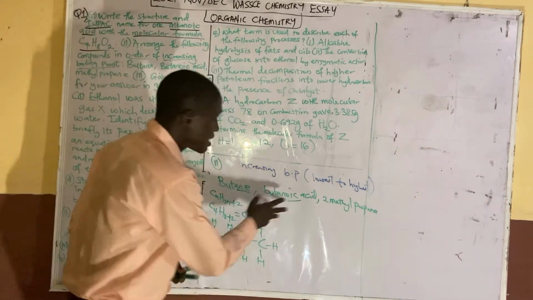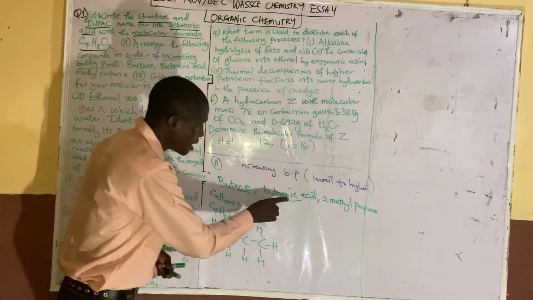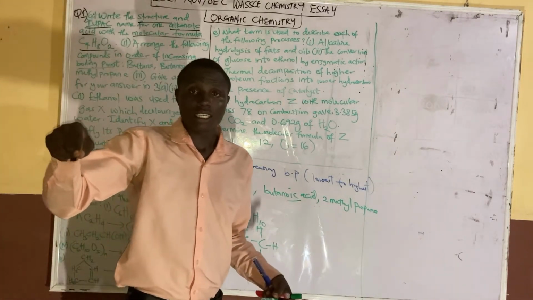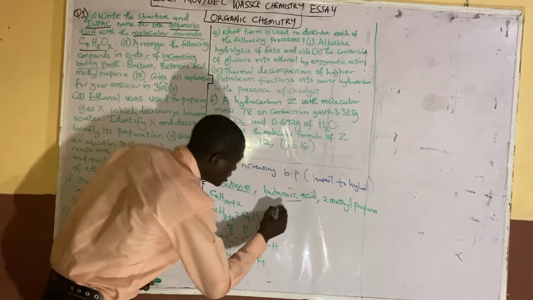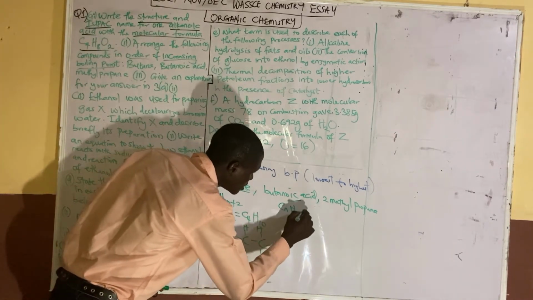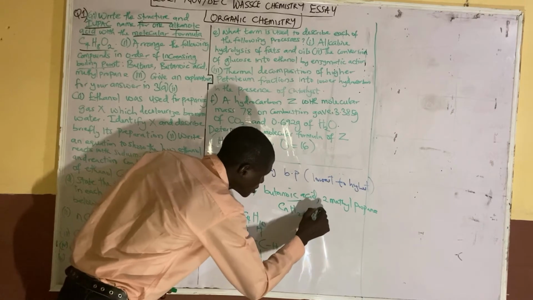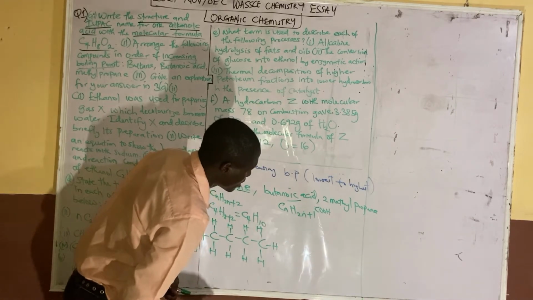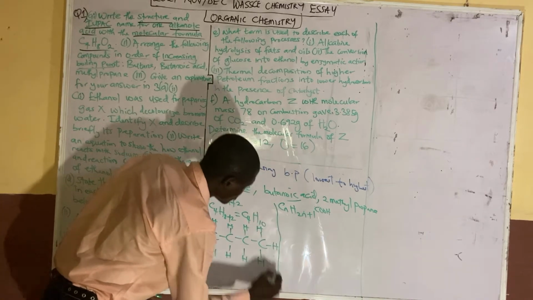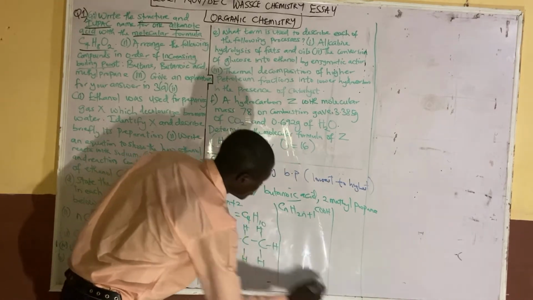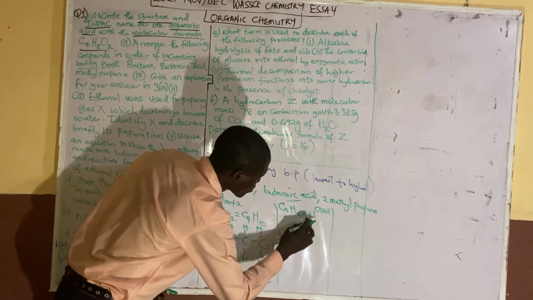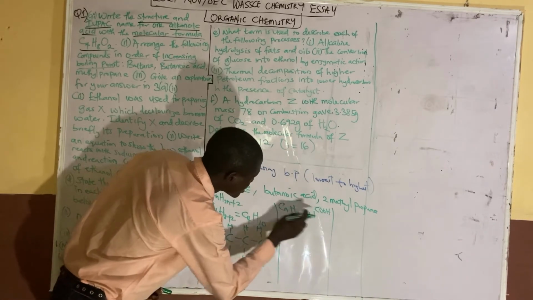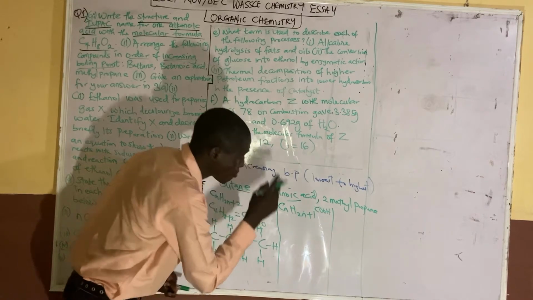Now, as regards butanoic acid, you can see that it ends in -oic, so it's an alkanoic acid. We recall the formula from the table: CnH2n+1 COOH. In butanoic acid, but is 4.